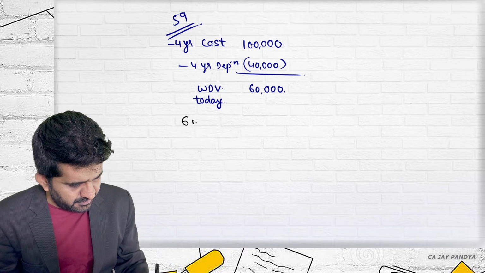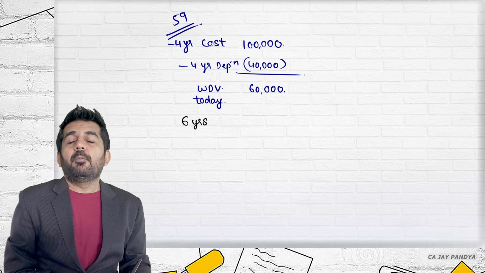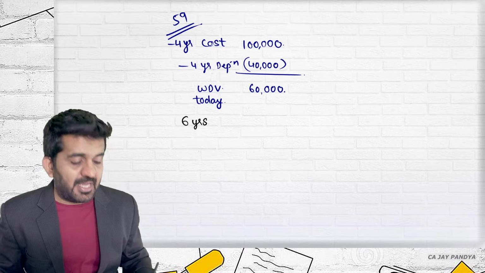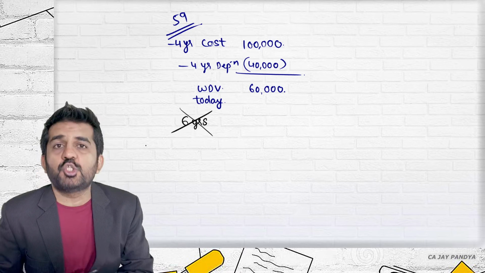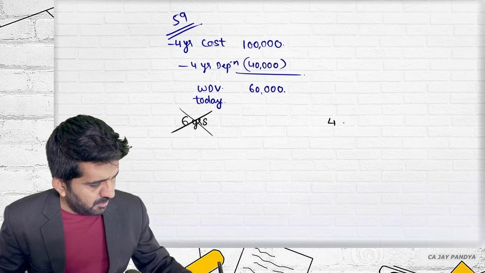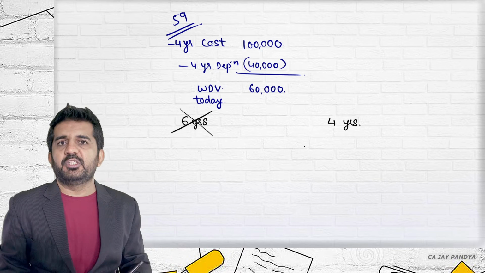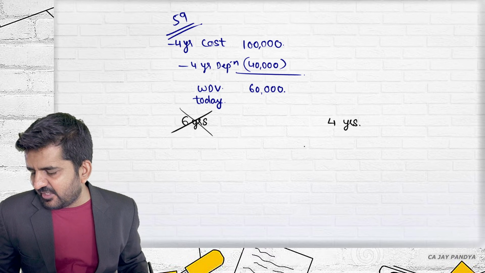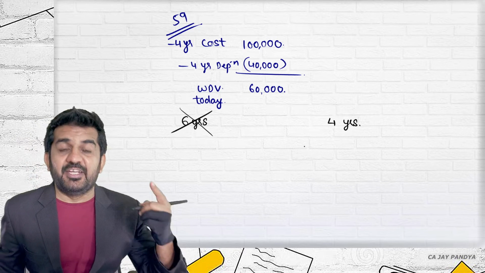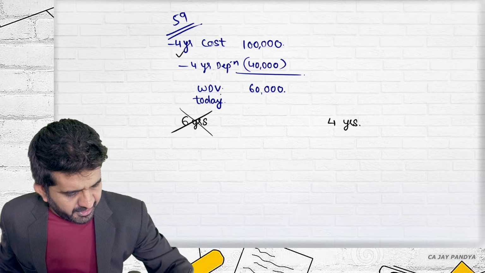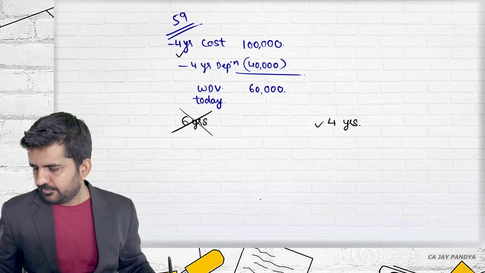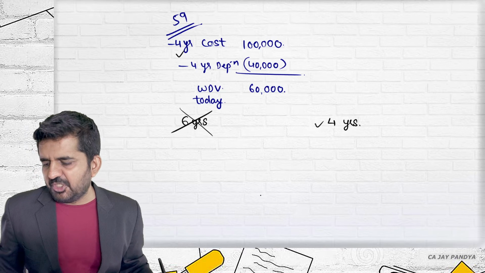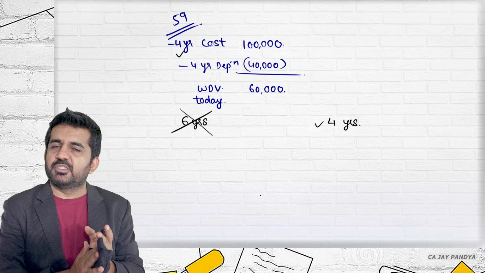It is 6 years. But management reviews the estimate, that this will not be 6 years. This will be now only 4 years. And therefore the total life is revised to 8 years. How 8 years? 4 years have already passed and 4 years now. How should the depreciation be computed for the remaining years?